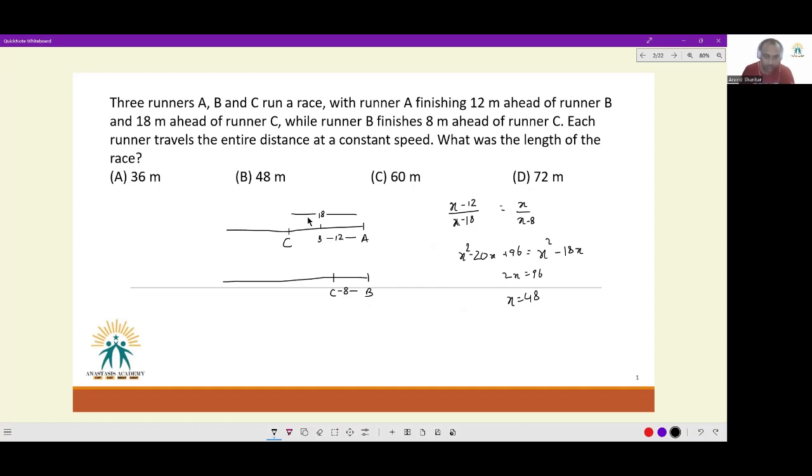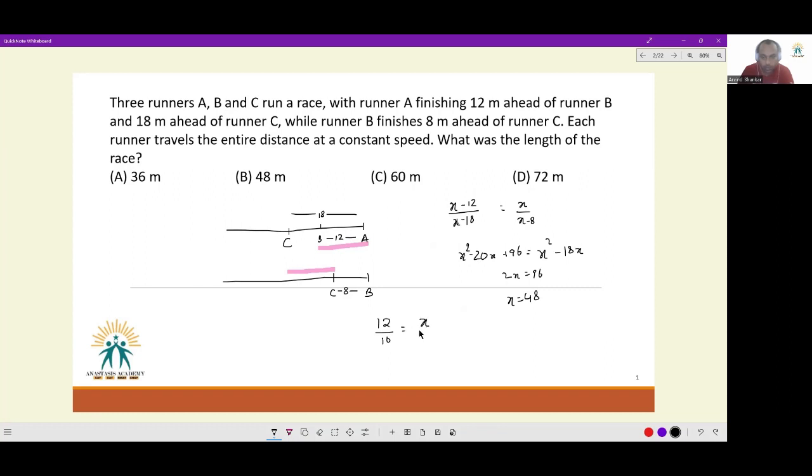Another way of solving this is also, look at this. In the time that B has run this remaining 12 meters of distance, C has run 10 meters of distance. Previously he was 18 meters away from the finishing line, now he's 8 meters away from the finishing line. So I can directly jump to the ratio of speed of B and C is 12 by 10.